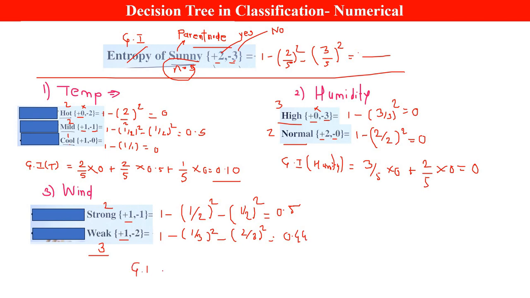Now GI for wind is the weighted average multiplied by its GI: 2 by 5 multiplied by 0.5, plus weak, 3 by 5 multiplied by 0.44. This comes out to be 0.47. The final answer is 0.47.